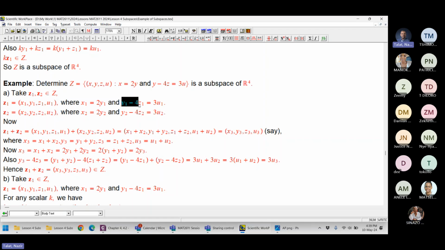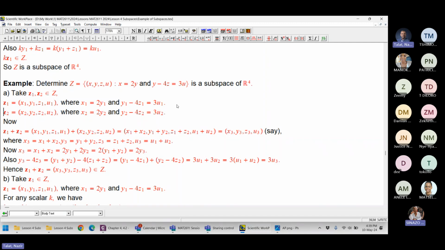And y1 minus 4z1 is equal to 3u1, so it satisfies this relation. Similarly, z2 is of the form (x2, y2, z2, u2), and satisfies the same relations.